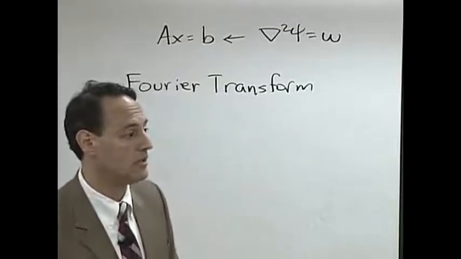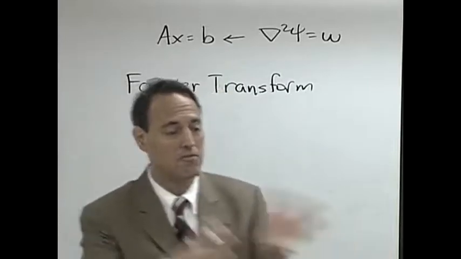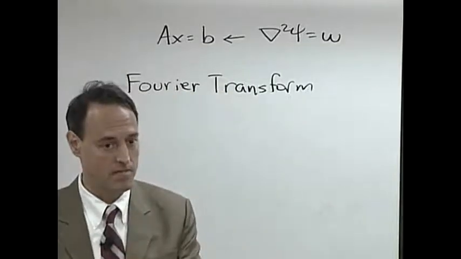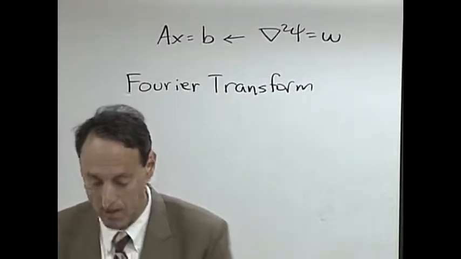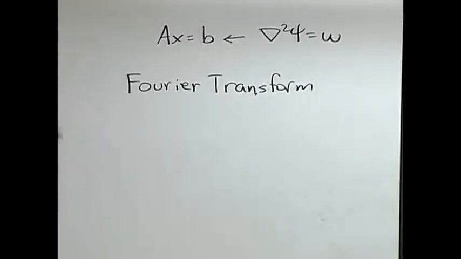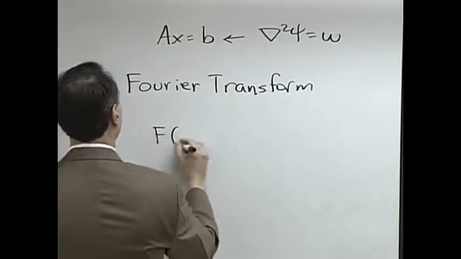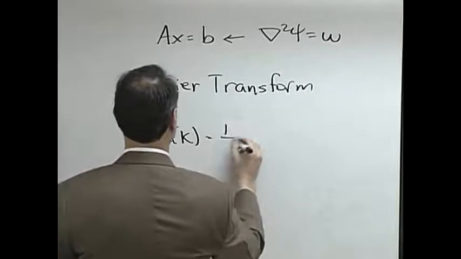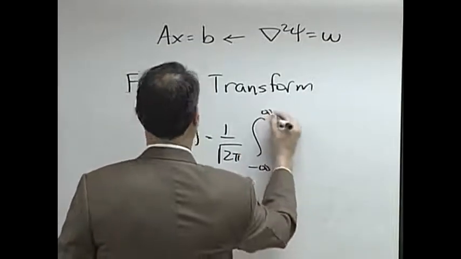To transform, to put things in physical space into frequency components. Okay? That's what a Fourier transform effectively does. And the definition of the Fourier transform, let me write it down, then we'll start using it, is the following. The Fourier transform of some piece of data, or a signal, oftentimes we call it, is the following.